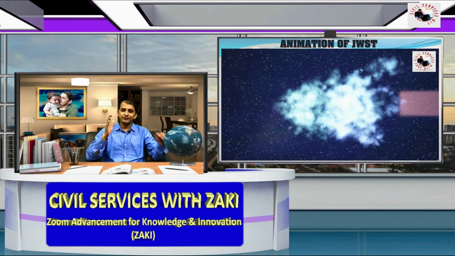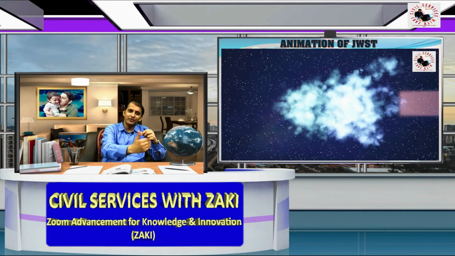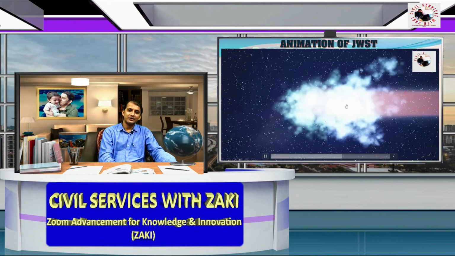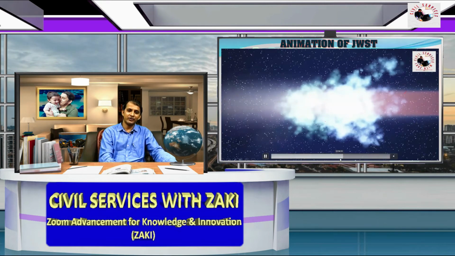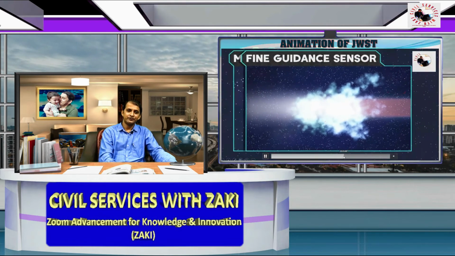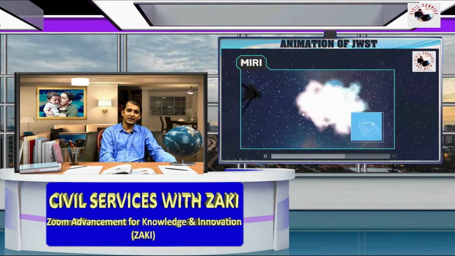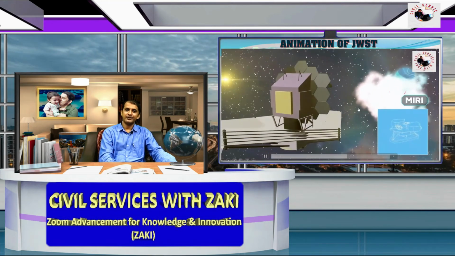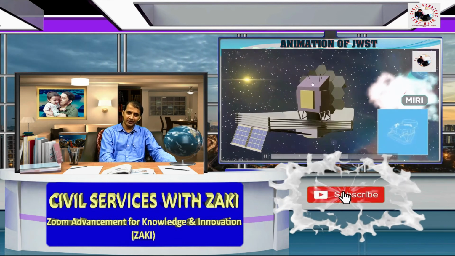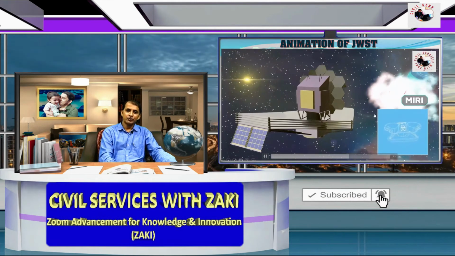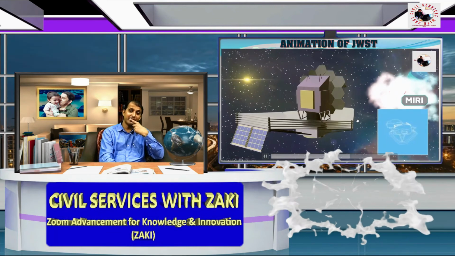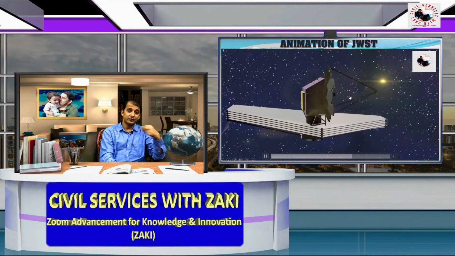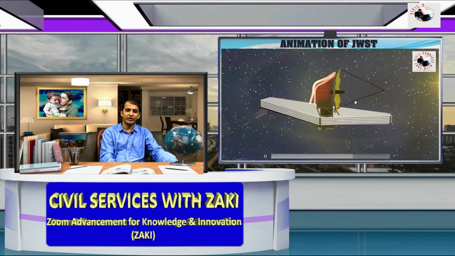Another obstacle is the dust cloud. So how do scientists overcome this dust cloud? For this, the MIRI device is installed in the James Webb Telescope. That is MIRI, the mid infrared instrument. The mid infrared instrument is very sensitive to heat, so it needs a very cool temperature.